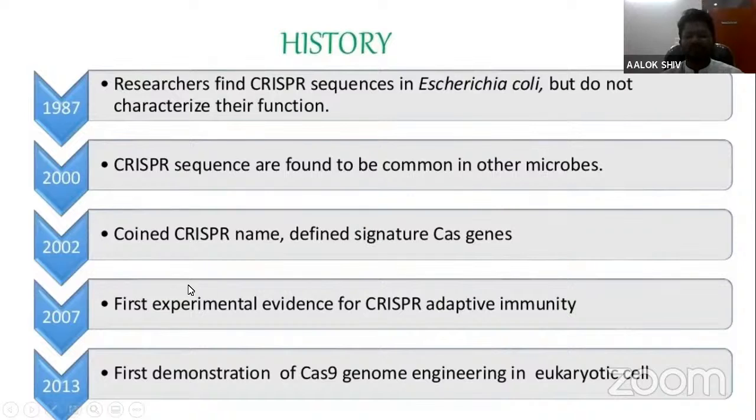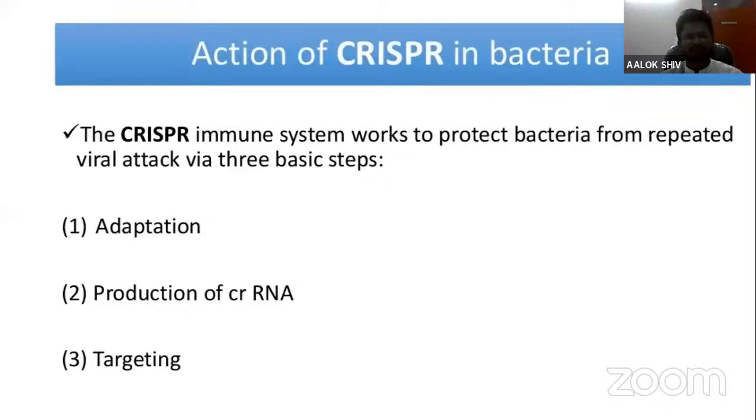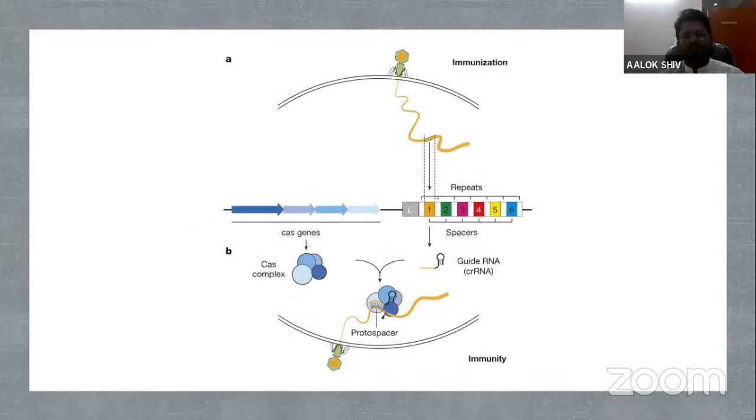Then the first experimental evidence for CRISPR-based adaptive immunity was given, and in 2013, Cas genome engineering in eukaryotic cells was demonstrated. So this is basically the CRISPR-Cas system.